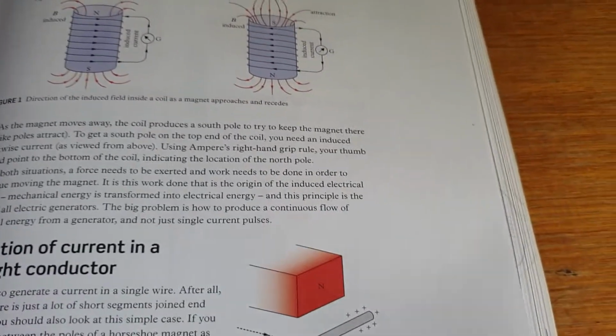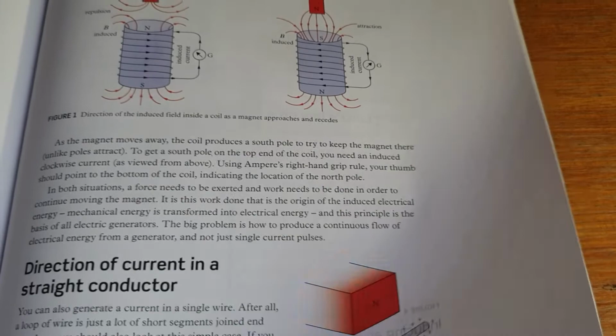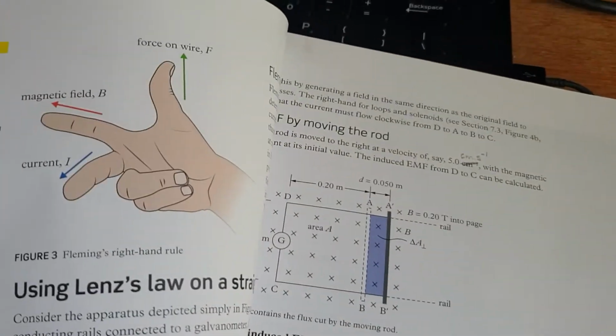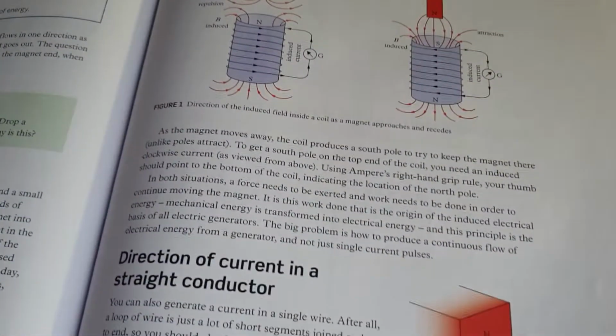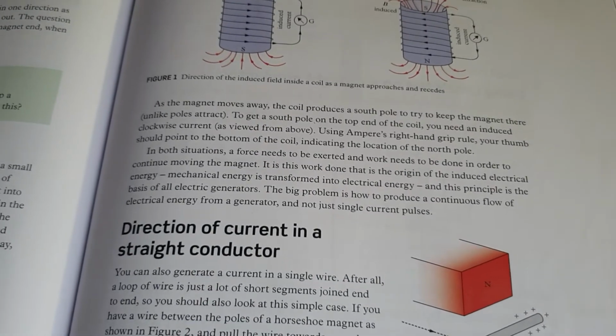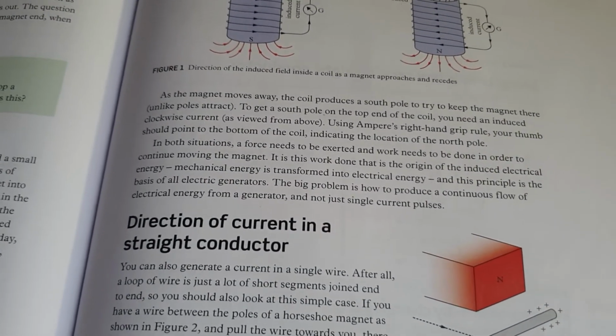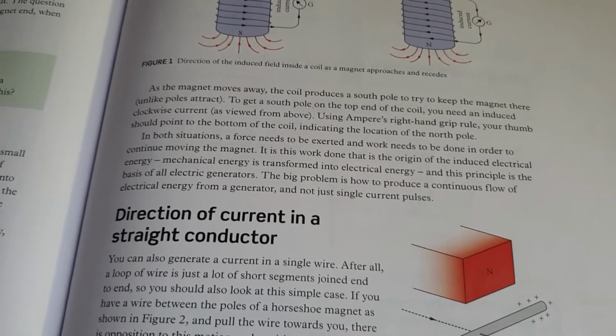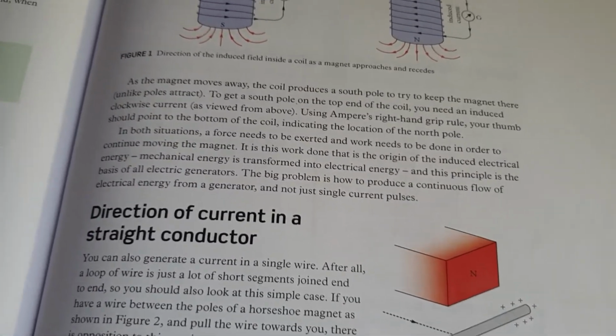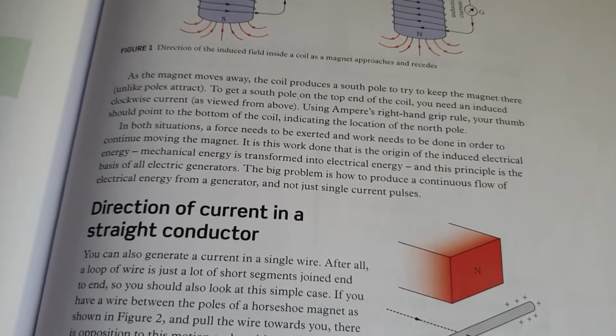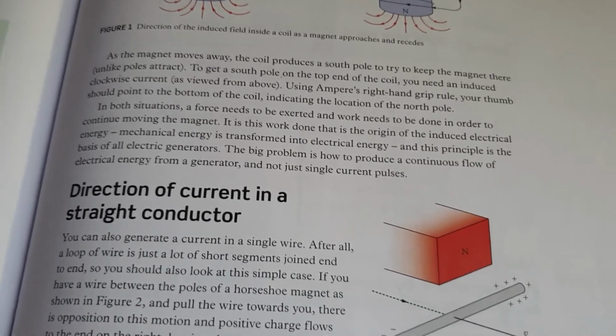Now, this Lenz's Law is going to, in a minute, morph into one of these right-hand rules. When I was looking up the difference between right-hand rules and left-hand rules, the right-hand rule is for generators. So that's where you are moving the wire and inducing a current in it.